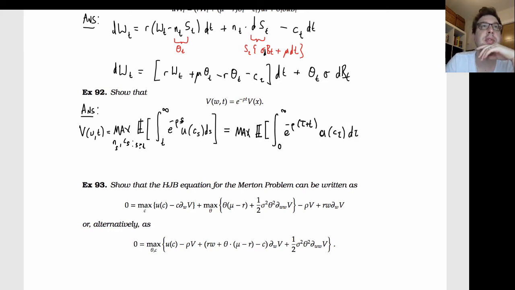So let's substitute for s, I put in tau, where tau and s are related by s equals tau plus t. The maximum will be over n of tau and c of tau for tau greater than 0 now. All this has done is essentially shift time a little bit. The only thing we pick up out of here is an e to the minus rho t term, and I've got exactly the same optimization I did before for the value function started from time 0.